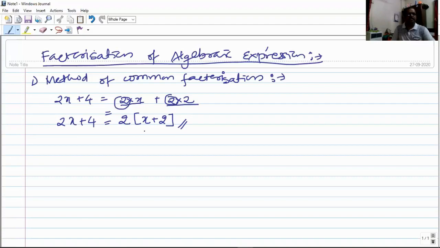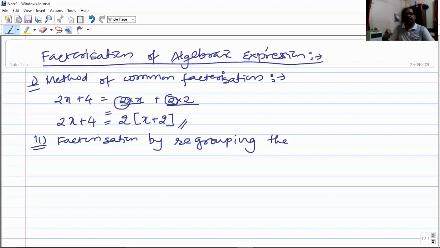So this is the first method. We'll see the example after discussing these methods. Now we'll discuss the second method, known as factorization by regrouping the terms, or the regrouping method.